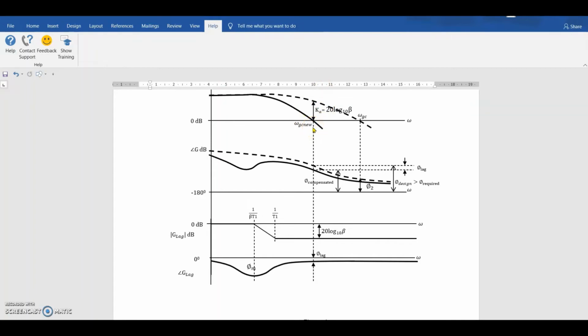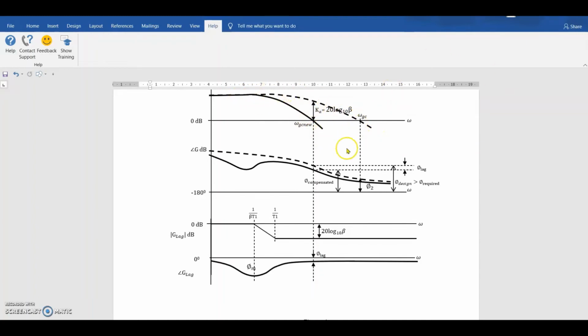For this we keep 1 by T1 as 1/10 of the omega GC new frequency. So if omega GC new is, for example, 5, we will take 1 by T1 as 0.5. In this way we ensure that this part of the lag compensator remains more towards the left as compared to this point.